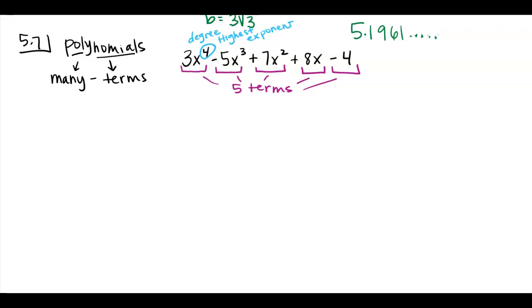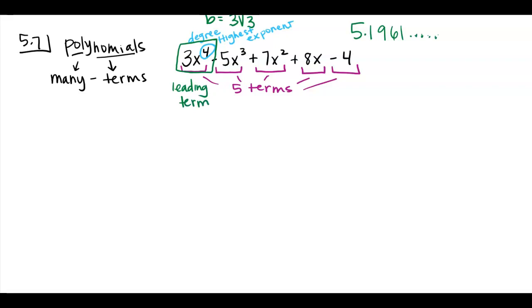Okay, so we've got the degree. We also want to talk about this first term. This whole thing right here is our leading term, because it has the highest exponent.